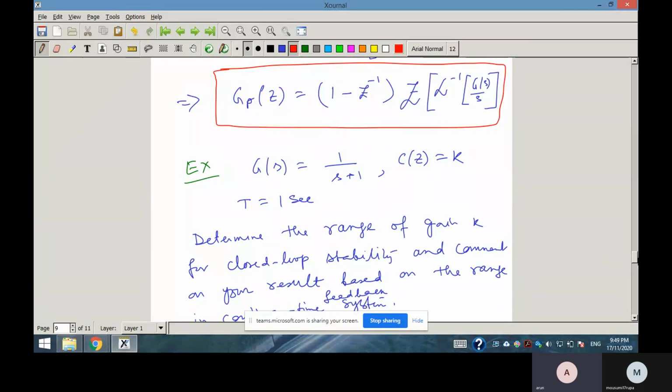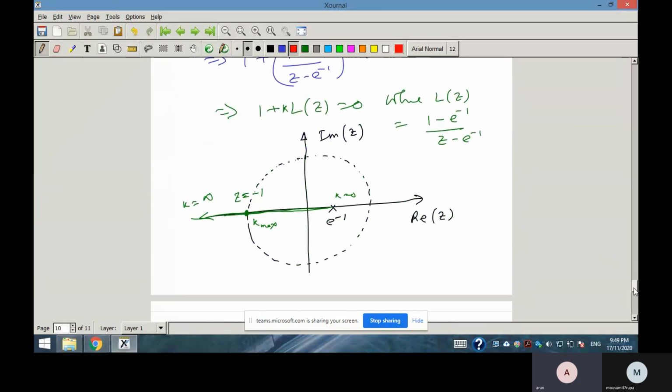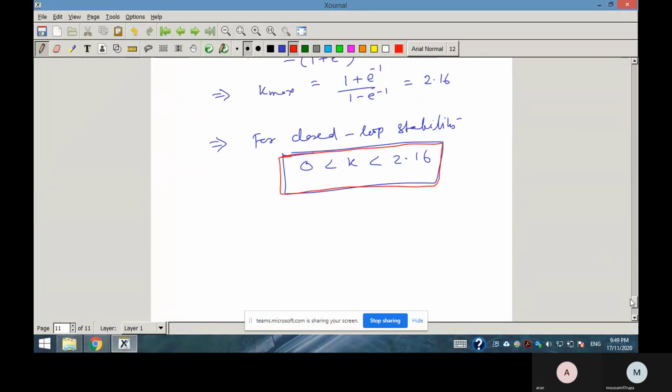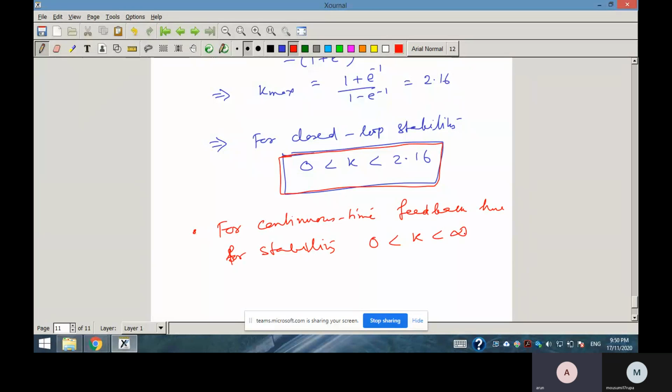So for the continuous time feedback system, for stability, zero less than k less than infinity.